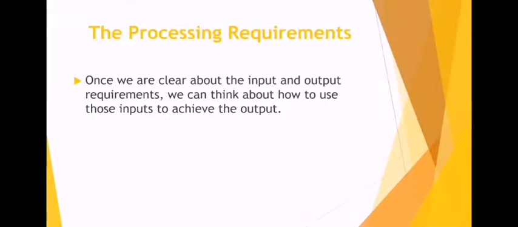The next step is the processing requirements. Once we are clear about the input and output requirements, we can think about how to use those inputs to achieve the output. The doctor would think about how he might bring down the temperature of the patient.